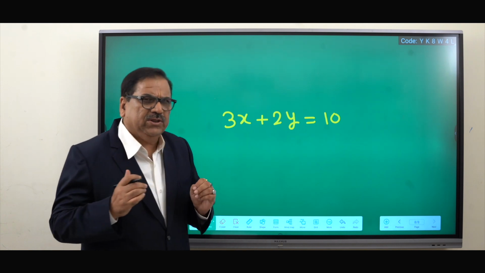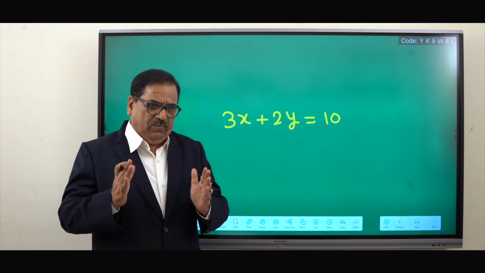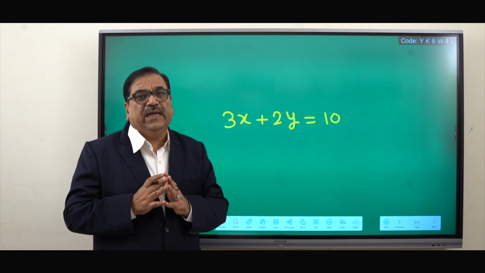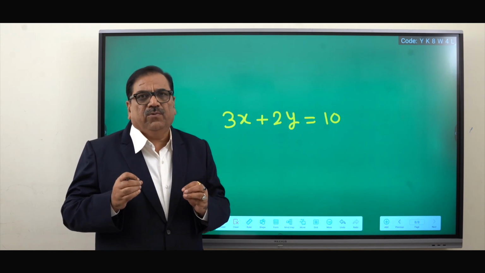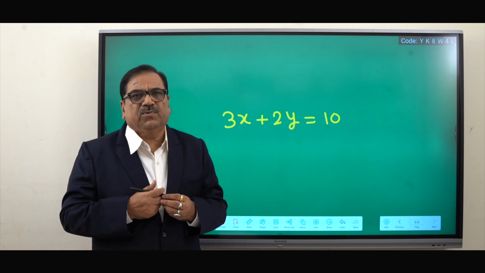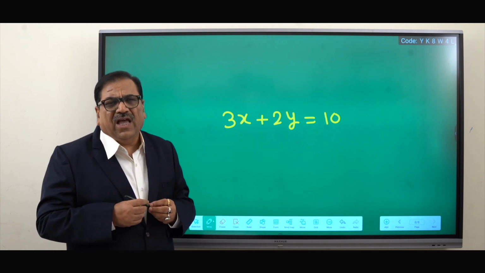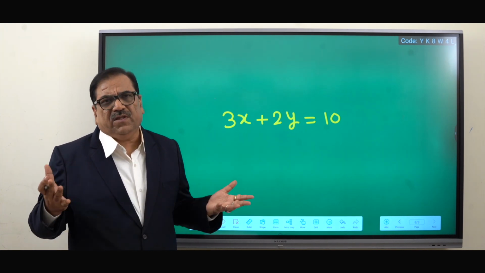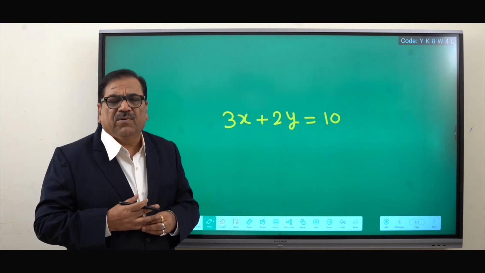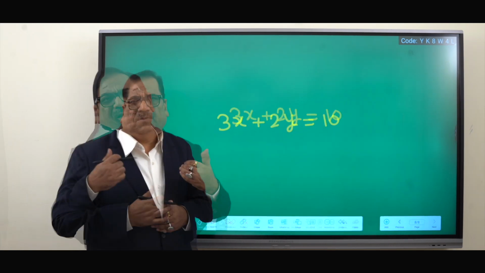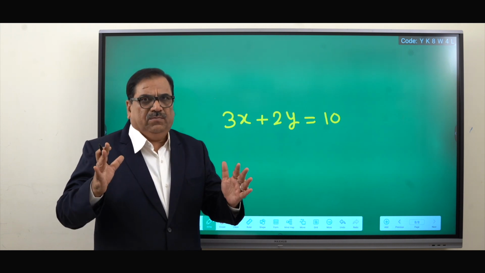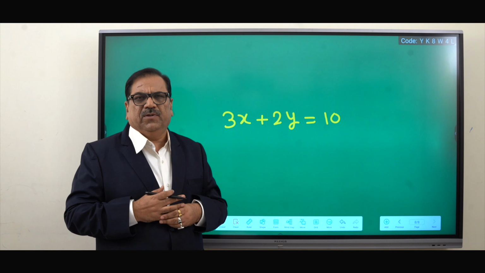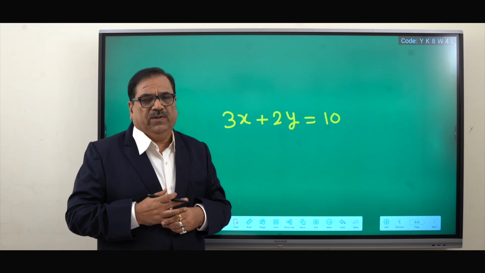By both these methods, this process is called elimination of one variable, and we have to learn two more methods of solving linear equations and their uses in our day-to-day life or in mathematical situations. That is our first topic, linear equations in two variables.